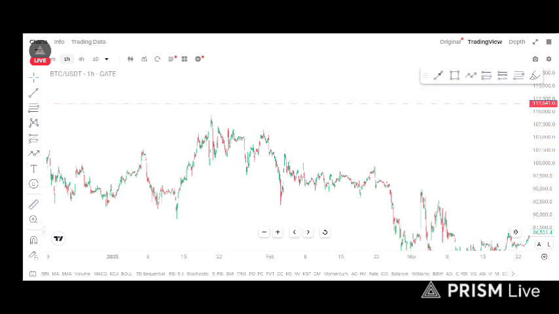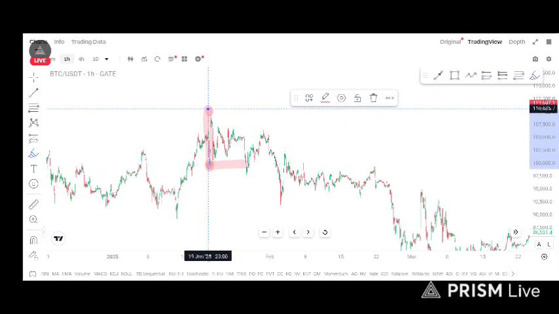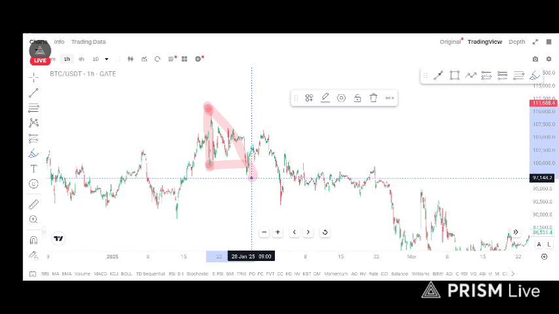And if you look at this clearly, you will see that the market created a low here. Okay, this was a low and it broke the low, and this was the high. When the market created this low, it went up, gave us that high, then went down.